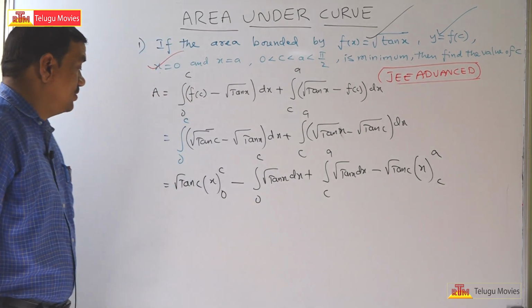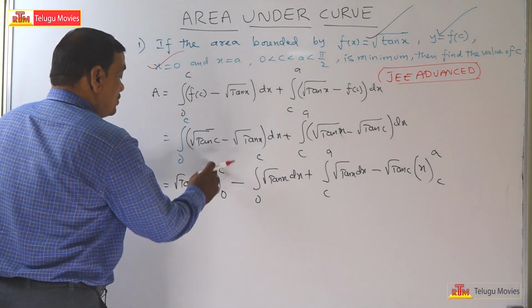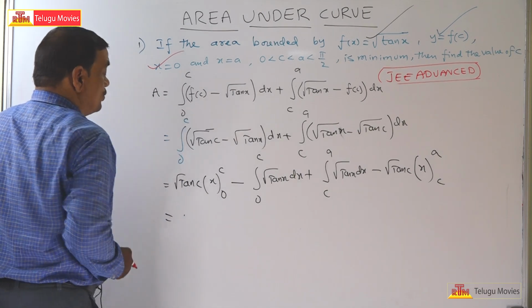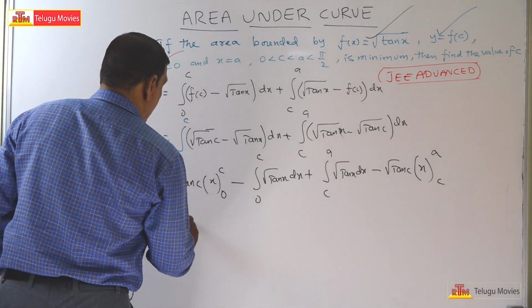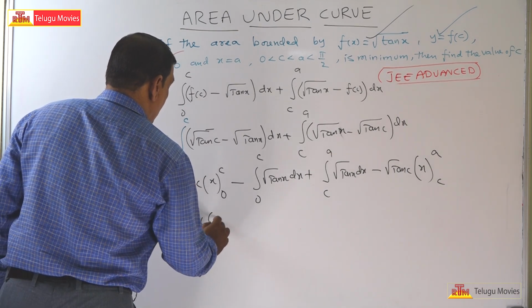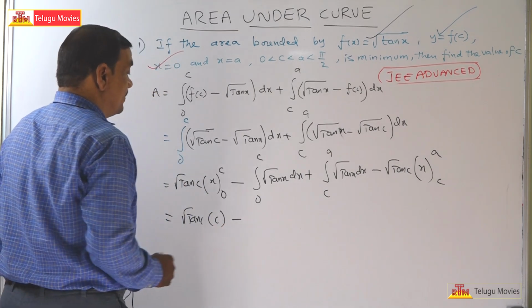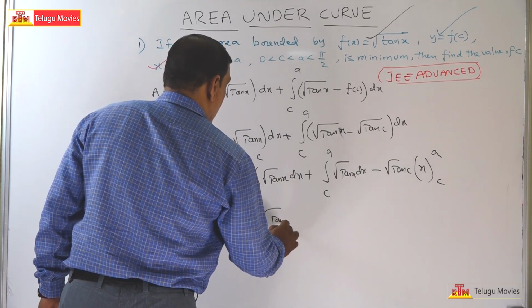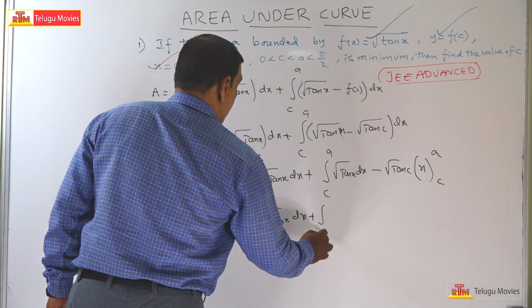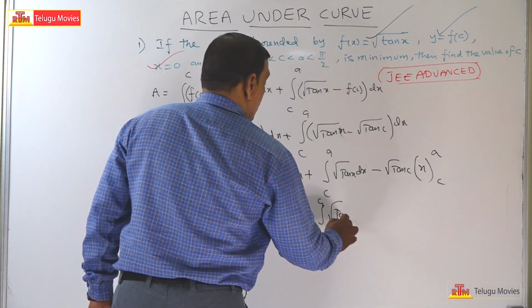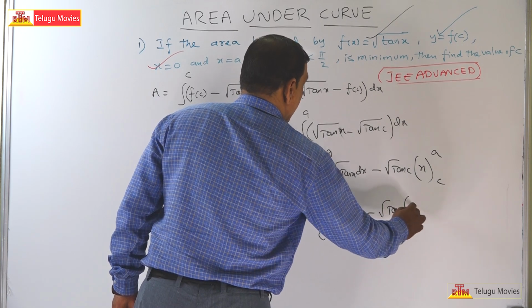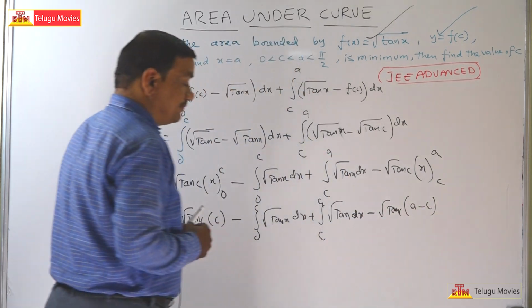So this is equal to c minus 0, c. So this is equal to root of tan c into c minus, write down as it is, integral 0 to c root of tan x dx plus integral c to a root of tan x dx minus root of tan c into a minus c.